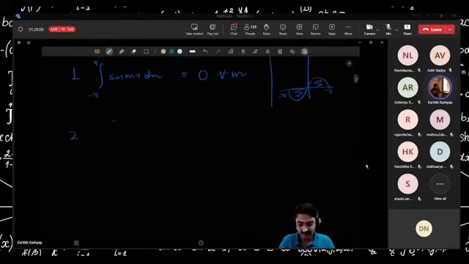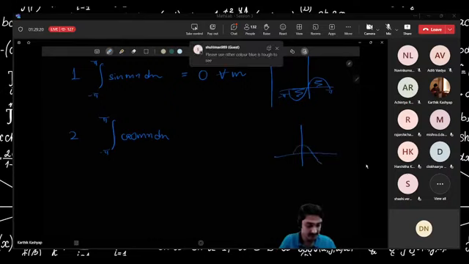So moving on, the second property: from minus pi to pi, integral of cos mx dx this time. Again, similarly, even this, if we plot it, this is how it comes out. Again, similarly, the area from minus pi to pi is 0.